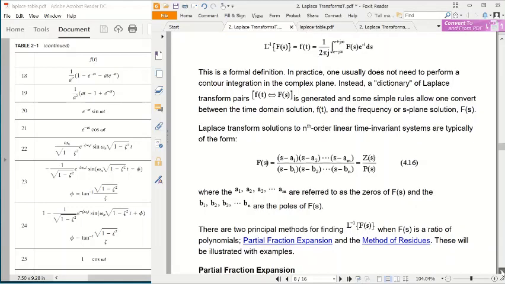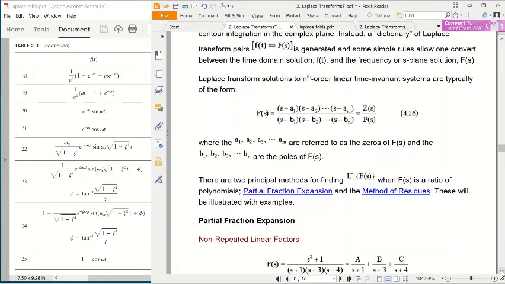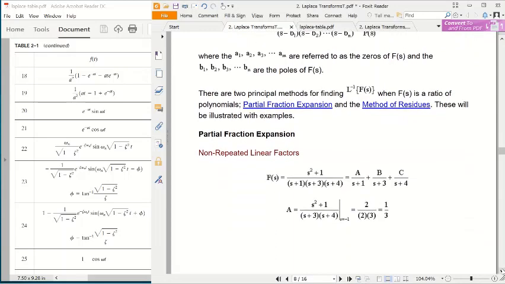There are two approaches to do inverse Laplace. The first is partial fraction expansion, and the other is the method of residues. We're going to discuss partial fraction expansion in this video. The method of residues is the method used numerically by MATLAB, so I will demo it using MATLAB.